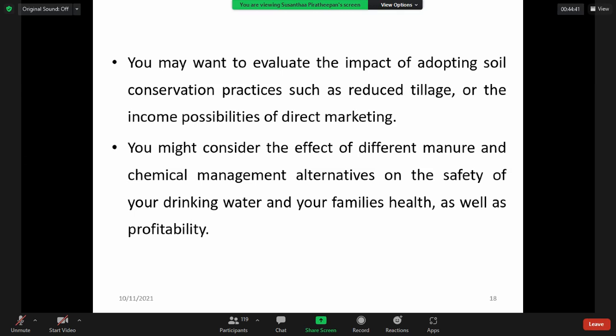And also you might consider the effect of different manure management or chemical management, and make sure of the safety of drinking water and family health, with a good profit and environmental protection. These are things you also want to check when you are applying the action plan.